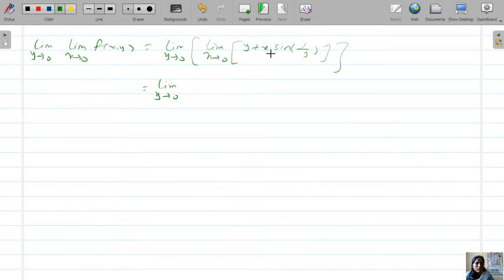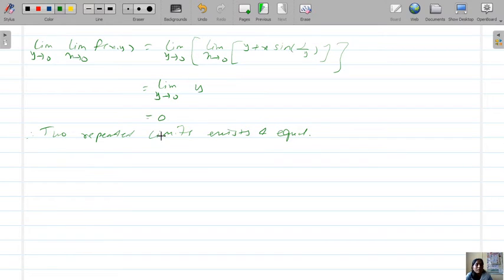You have to take limit as x tends to 0. Now sine 1 upon y is constant and x tending to 0 into constant is 0. So it is simply y, and therefore the two repeated limits exist and these are equal, because the value of the limit is 0.